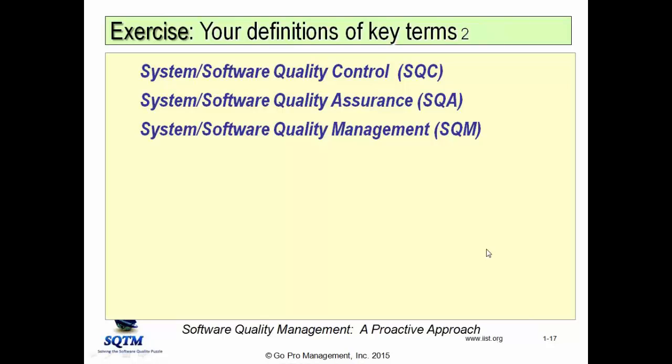So, it seemed that there was agreement that quality control is testing, and that QA is something else. Okay. May include testing. Some sounded like some of you were saying that QA included testing.